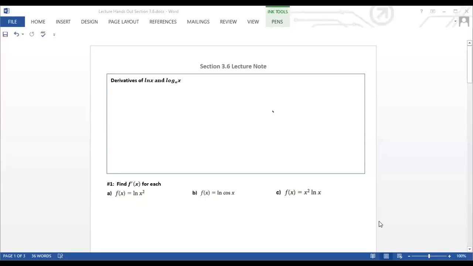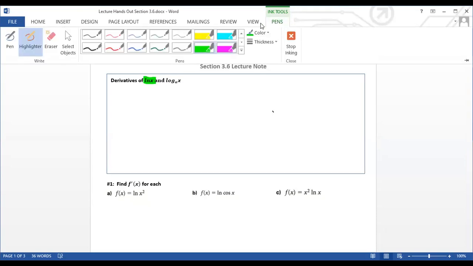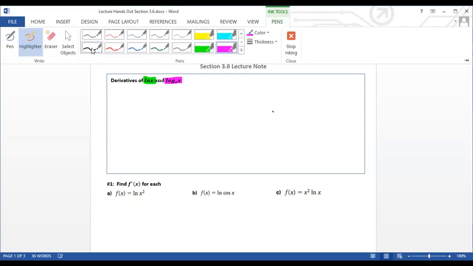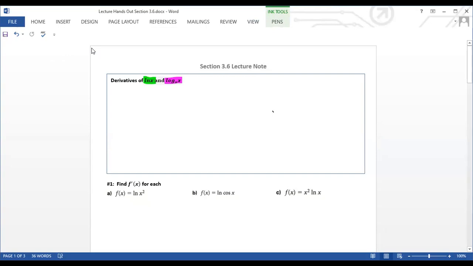Okay, so in here, I'm going to talk about finding the derivative. We're going to take a look at how we find the derivative of the natural log x, or, if your base is any number, how you find the derivative of log base a of x. So we know the natural log is basically a log with what base?